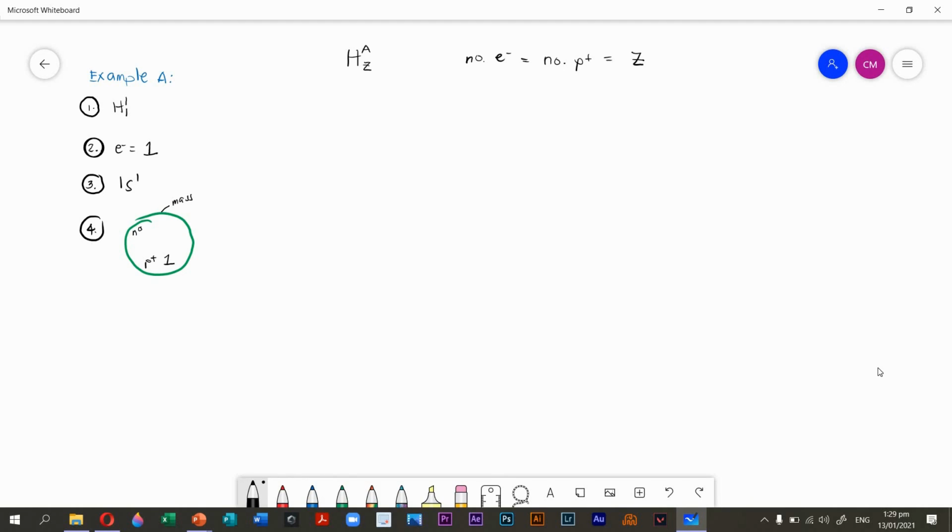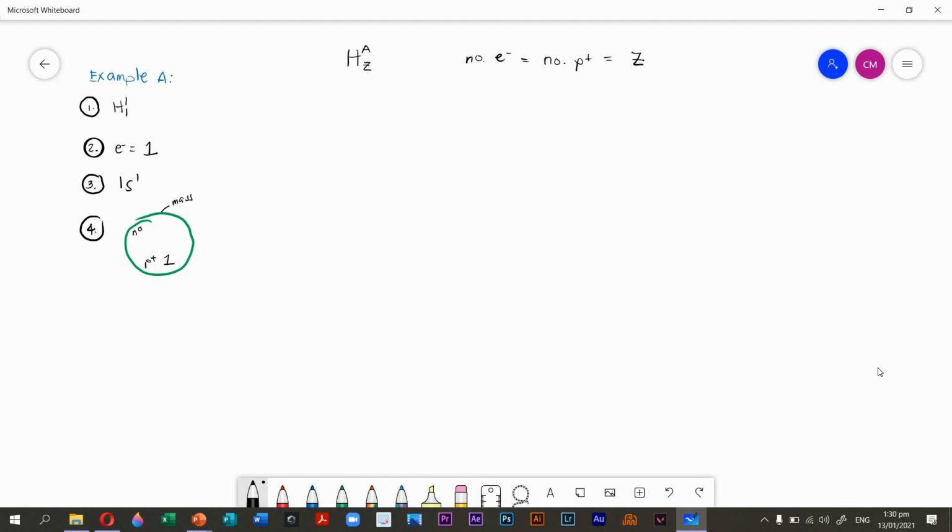So these two subatomic particles are the only ones contributing to the total mass of the atom. Whatever the electron contributes is so negligible that it doesn't really affect the overall atomic mass that much. So much of the mass of the atom is concentrated in the nucleus, and in the nucleus, you will find only the neutrons and protons.